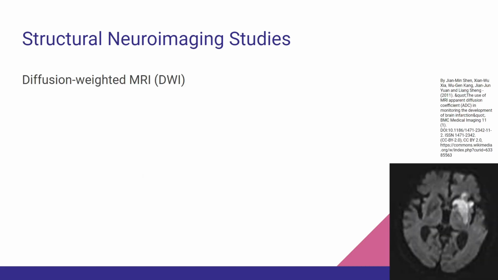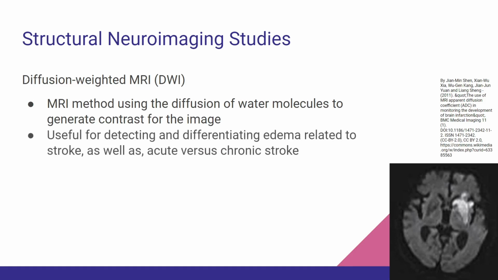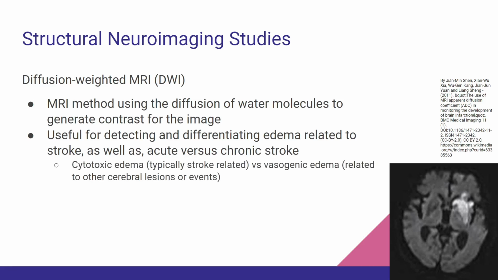A type of MRI is diffusion-weighted MRI, and this is a method using the diffusion of water molecules to demonstrate contrast for the image. And this can be useful for detecting and differentiating edema or fluid accumulation that causes swelling related to stroke, as well as help differentiate acute versus chronic stroke injuries. There are two types of edema that are worth being aware of.